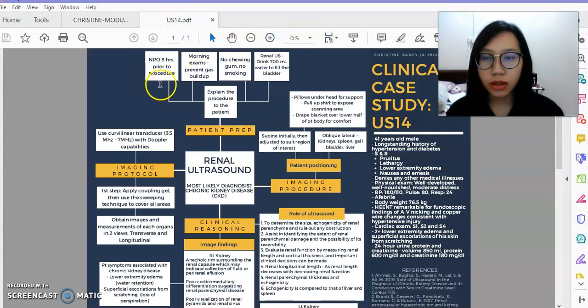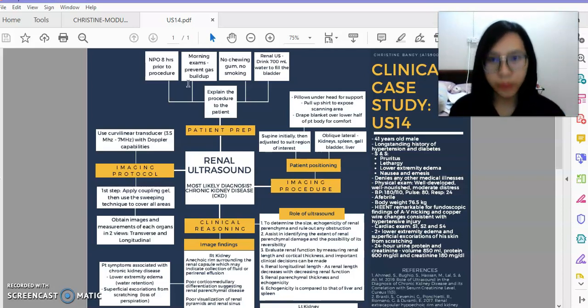First, the patient will have to fast, NPO, 8 hours prior to the procedure, and morning exams are preferred for abdominal ultrasound. In this case, it is renal ultrasound. It is in order to prevent gas build-up, so it will facilitate the scanning and we will obtain better images.